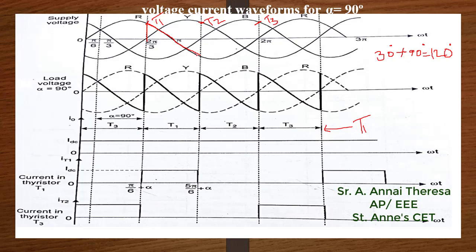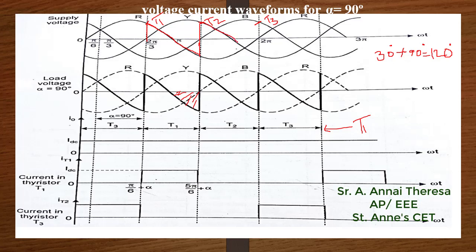T1 is triggered here, so up to here thyristor T1 is conducting. Here this is negative voltage, because of this inductance property. Then at this point, at this 120 degree, T2 is triggered. So the output will be the Y phase voltage, as such.